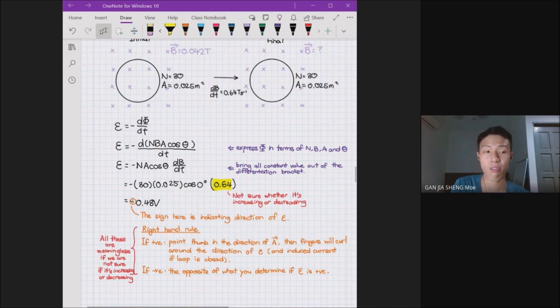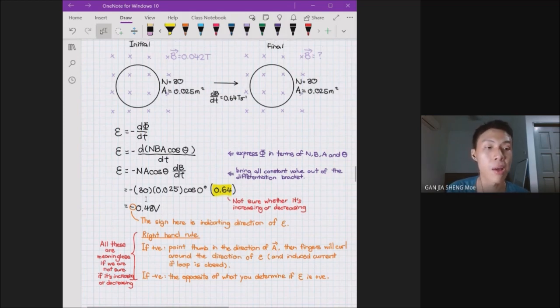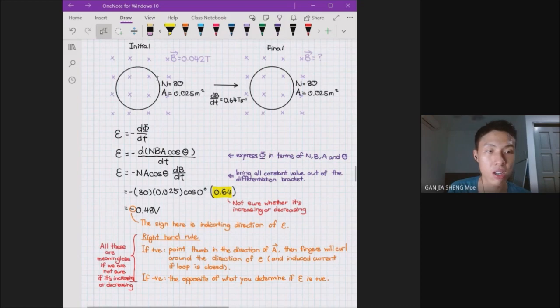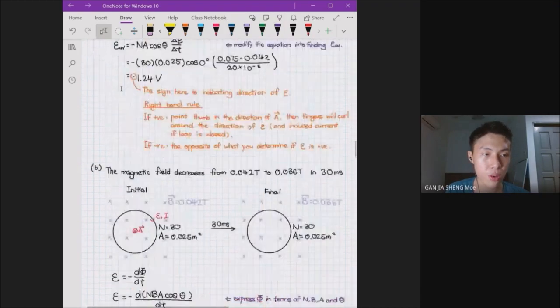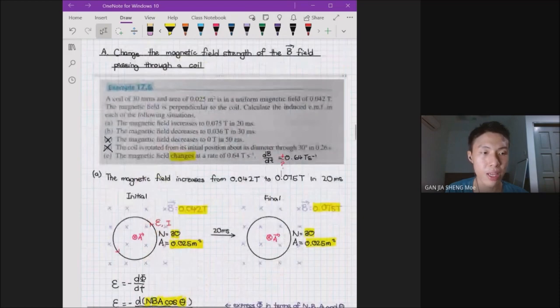So you don't know whether it's negative or positive, so the sign here doesn't carry much meaning anymore. Technically, what you are determining here is the magnitude of the induced EMF, the absolute value of the induced EMF. Whether this induced EMF is in the clockwise direction or anti-clockwise direction can't be determined anymore. Okay, so this is how we solve a question involving change of magnetic field strength to change the magnetic flux.